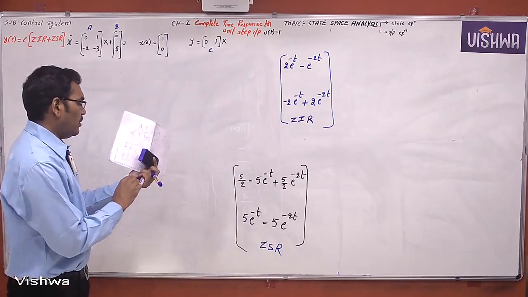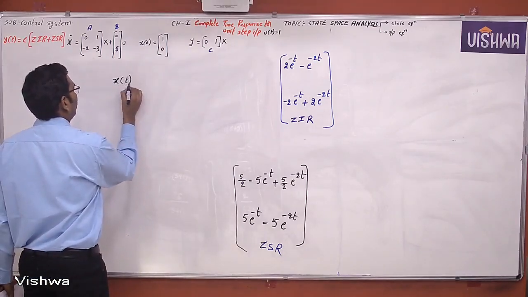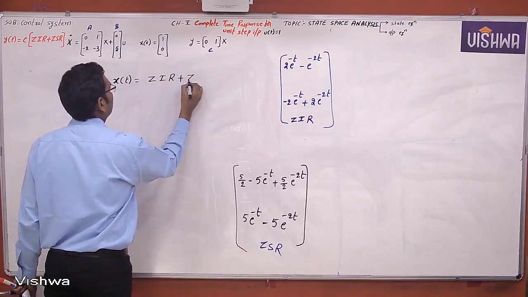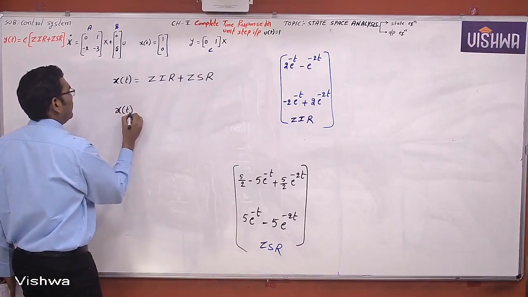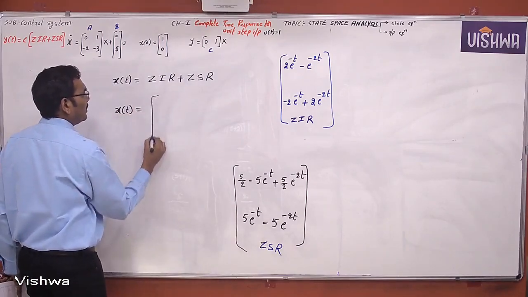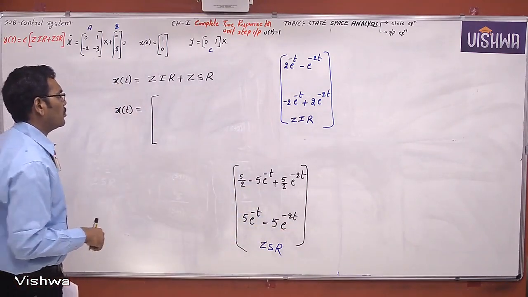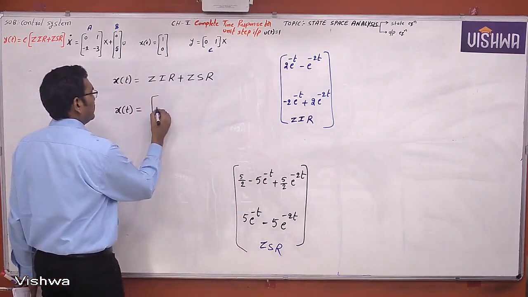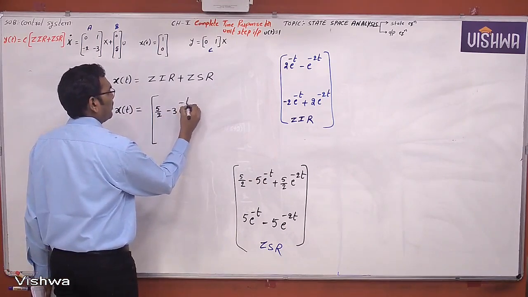Now you tell me, what is x of t? x of t is nothing but the zero input response plus the zero state response. Therefore, what is x of t? It is a 2 by 1 matrix, direct addition. So 2 into e power minus t minus 5 into e power minus t.